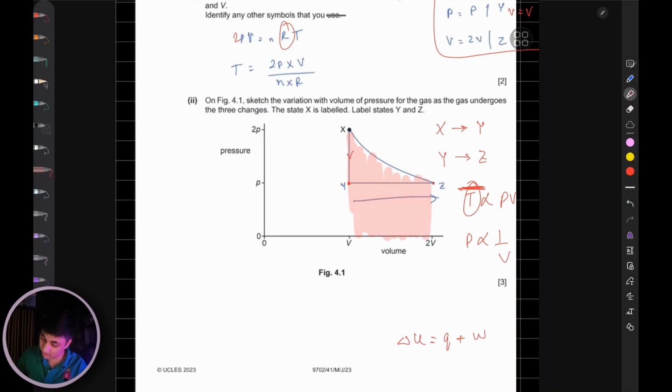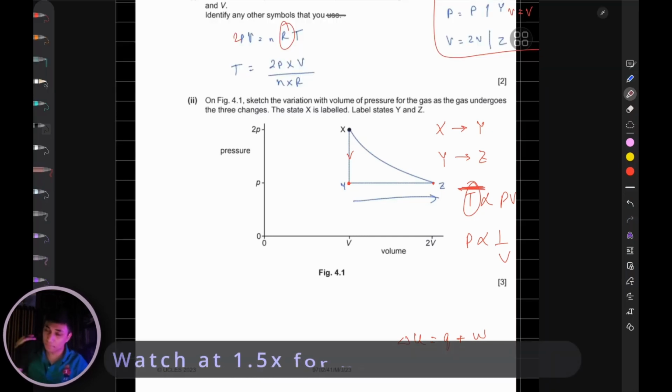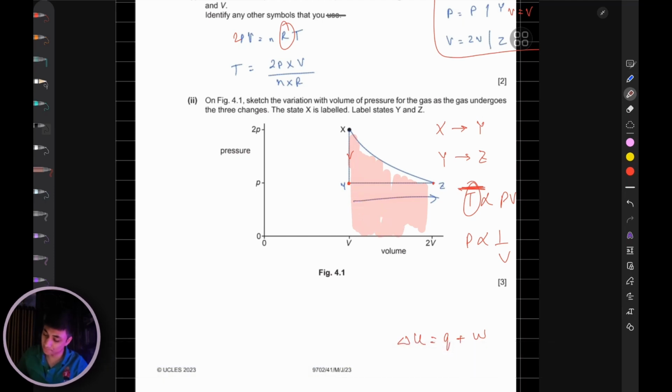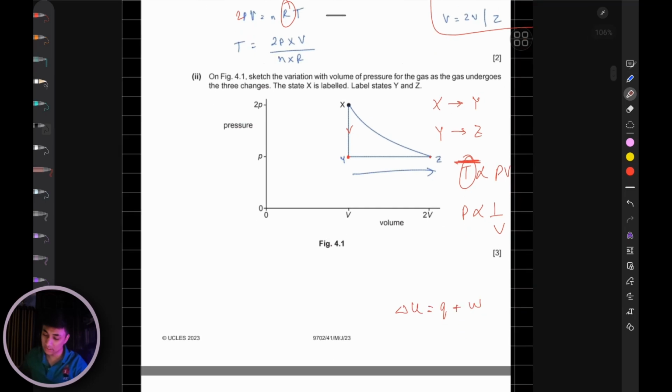This area denotes the amount of work done on the system, because this is your P times V value. Since your pressure is not constant, the area under the graph is the work done on the system. So the volume decreases at constant temperature, therefore work is being done on the system. Great.